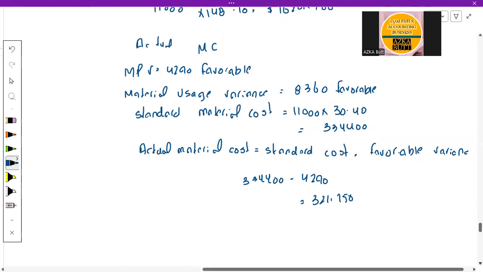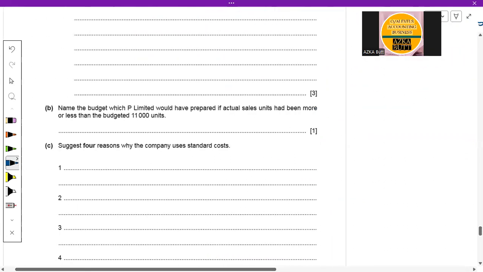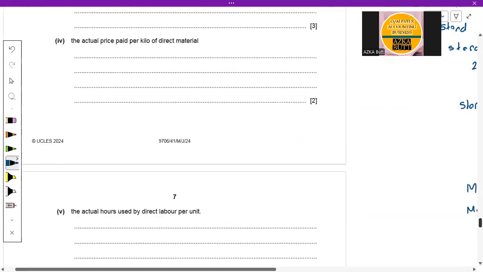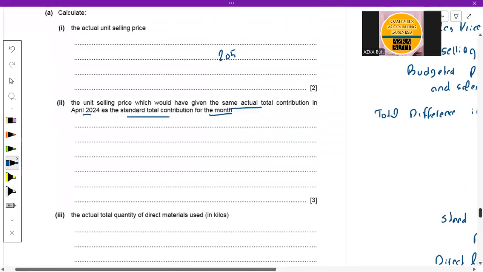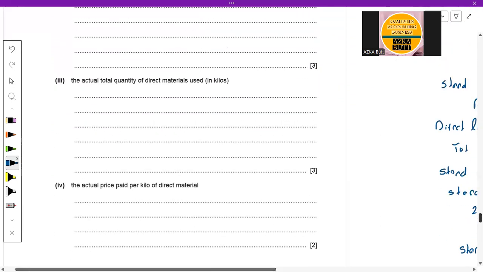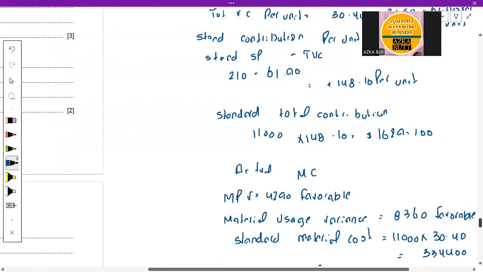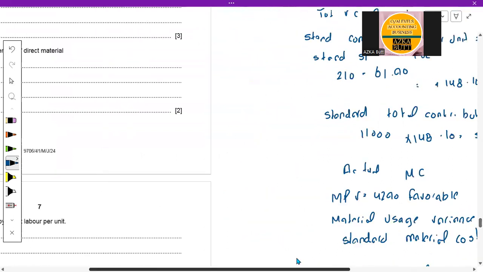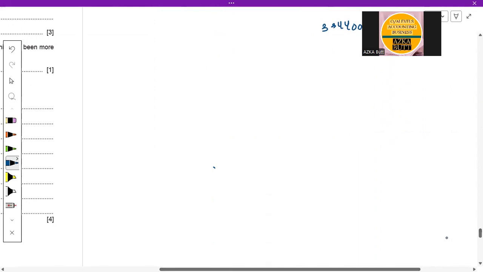So now let's find out the actual labor cost. Basically, I am finding out the actual quantity, total quantity of direct material, actual price, actual hours used by direct labor, and direct labor per unit. So I'm finding this one.